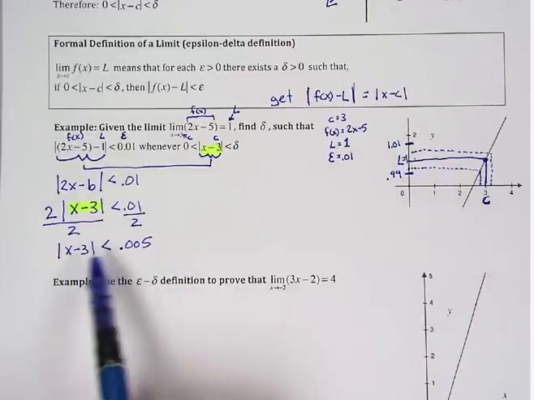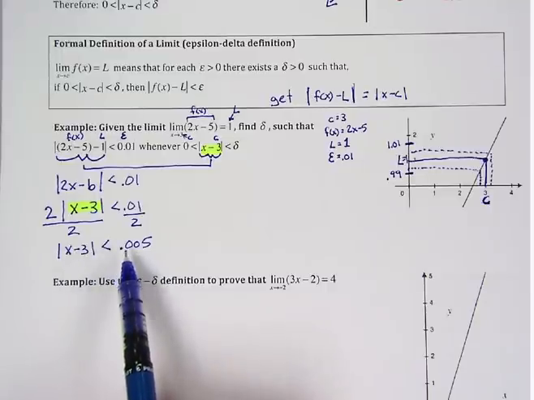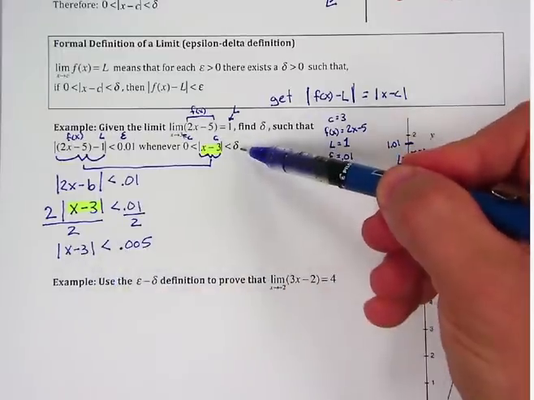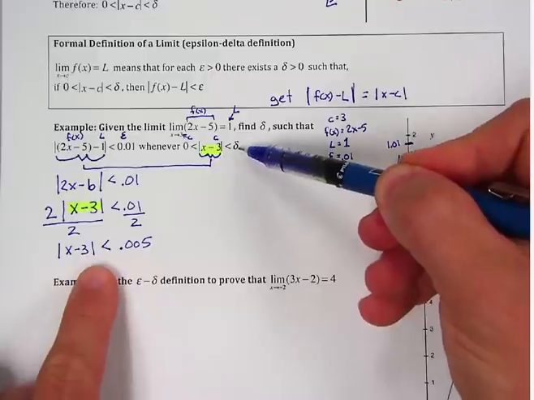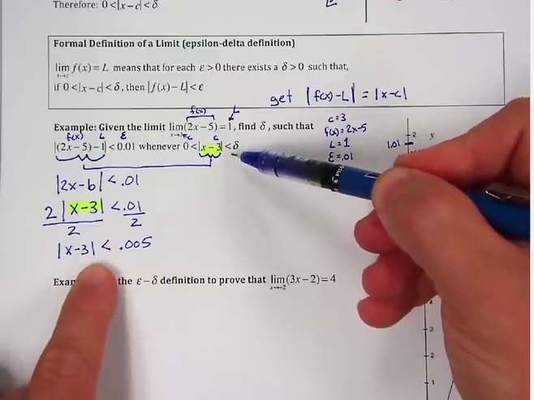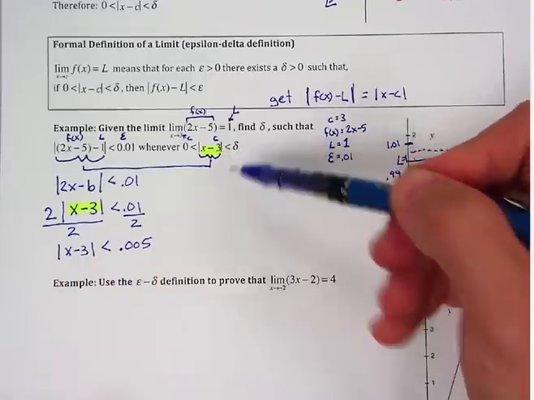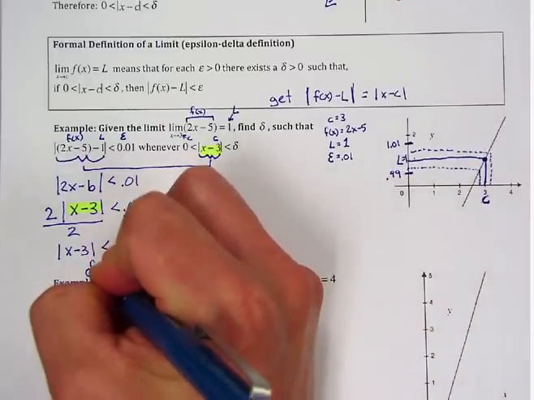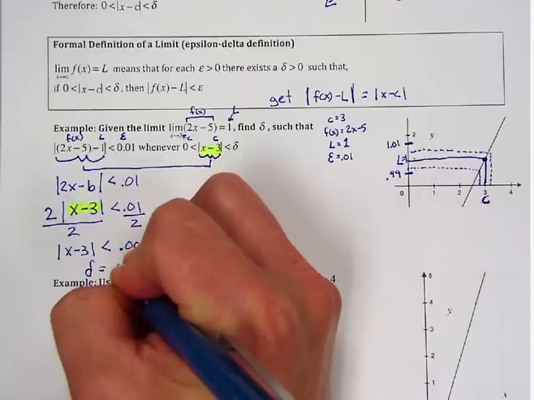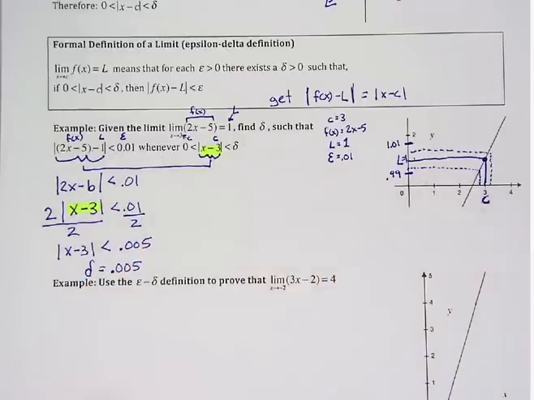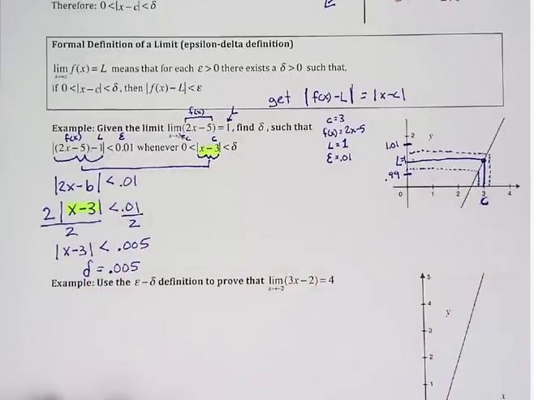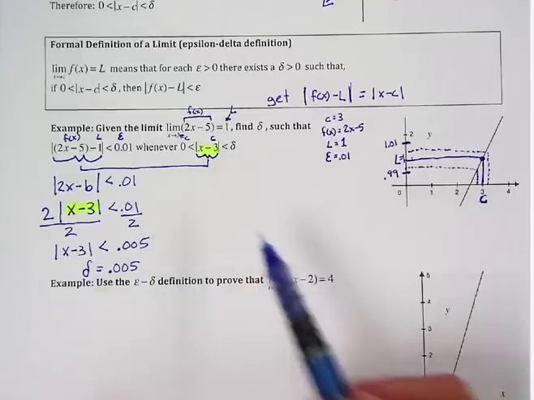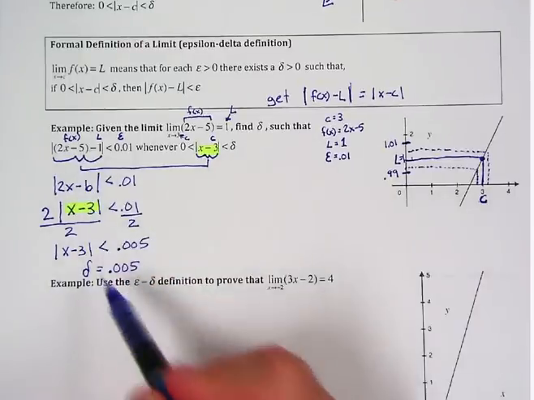Now looking at this, okay, if we compare it right here, that is the same. Okay, do you see that? So what we've found here is that delta is going to be equal to 0.005. So that was our task, find a delta such that this was true, and we did that.